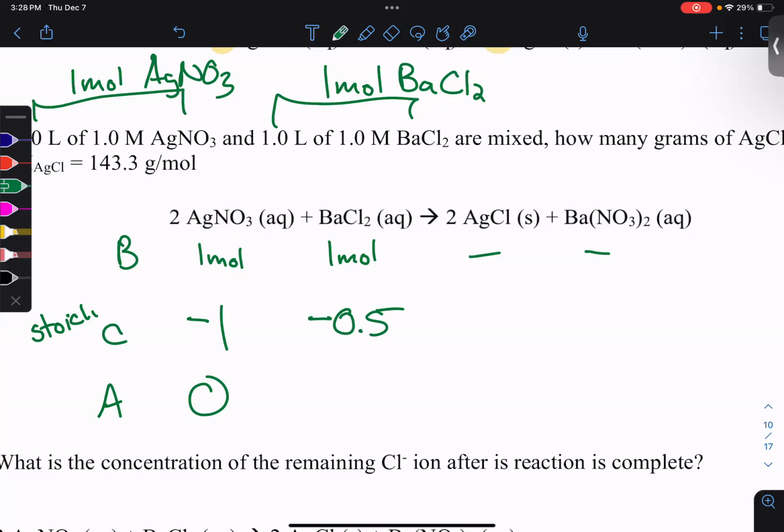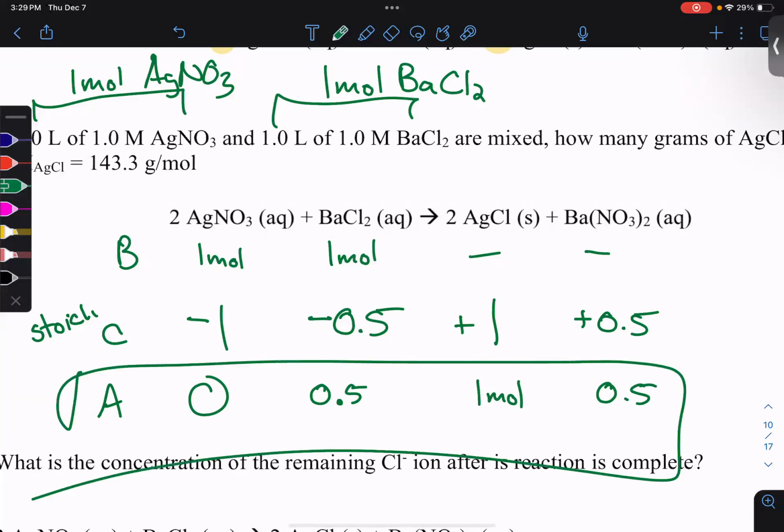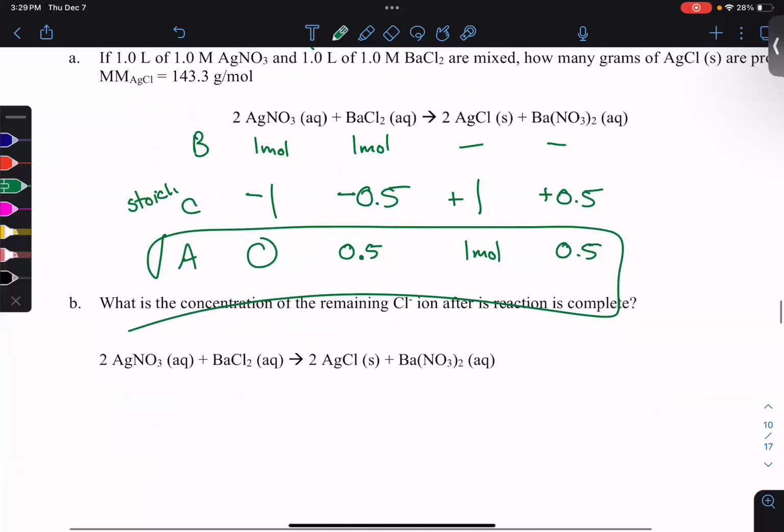How much silver chloride do I get? It's 2 to 2, so it's +1, and then this one is +0.5. Now let's add up everything and see what we get. There is 0.5 moles of barium chloride, 1 mole of silver chloride, 0.5 moles of barium nitrate. Do these numbers matter? Yes, they do.